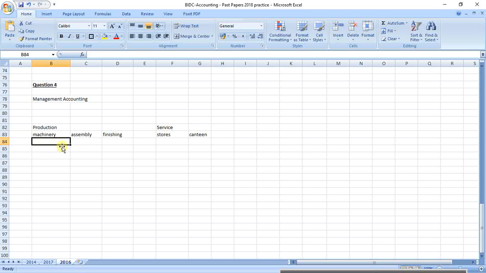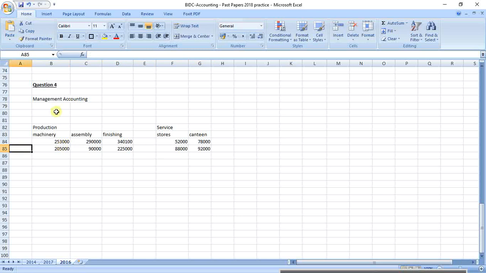The first one, machinery, 253. Direct labor: 253, 290, 34, 100. Then 290, 34, 304, 340. 340, 100. Stores, 52, canteen, 78. Then indirect overhead costs is 205, 90, 225, 88 and 92.